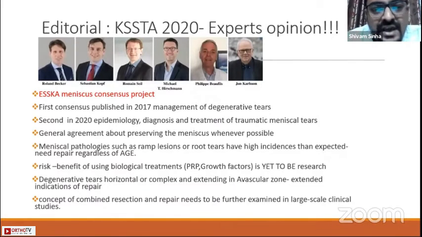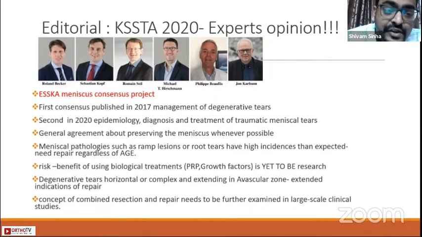And this is what the editorial of KSSTA, by expert opinion, talked about in 2020 in their second consensus regarding traumatic meniscal tear. They have generally agreed upon preserving the meniscus whenever possible. And they have said that meniscal pathologies like ramp lesions and root tears have higher incidence than expected, and once visualized, they should be repaired regardless of the age.